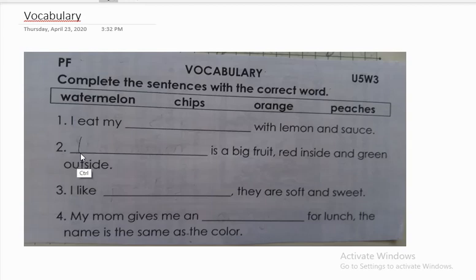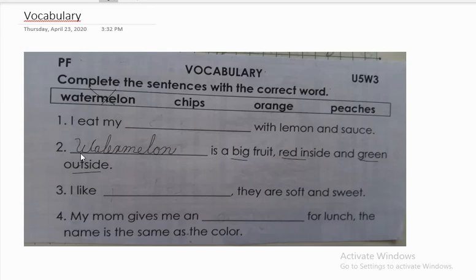Okay, watermelon. And it says watermelon is a big fruit, big, red inside and green outside. Okay, so we cross out the fruit that we already chose.